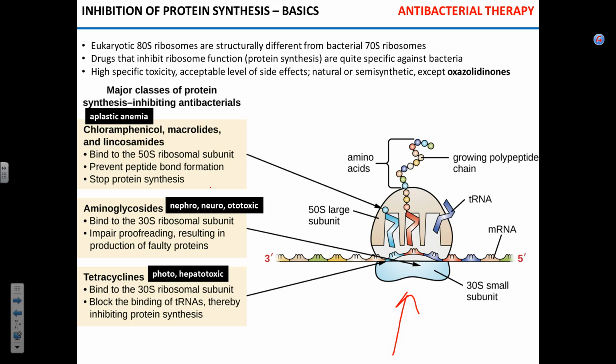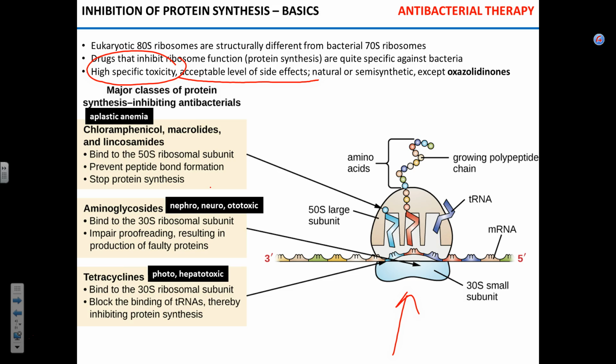Therefore, the drugs that bind to the bacterial ribosome have high specific toxicity, which means that they inhibit protein synthesis in bacteria, but not in eukaryotes, I mean humans. So it means a fairly acceptable level of side effects.